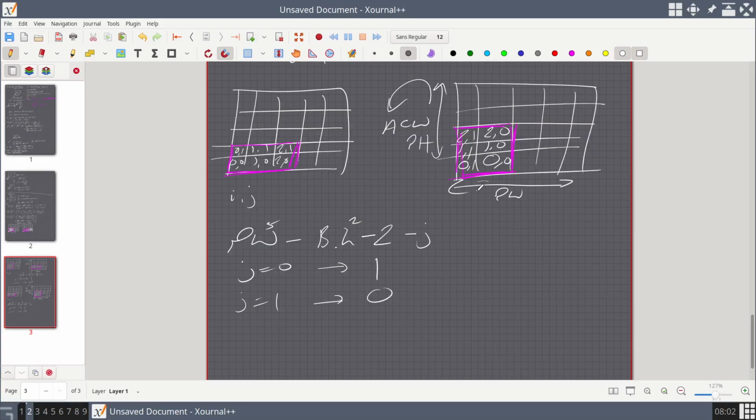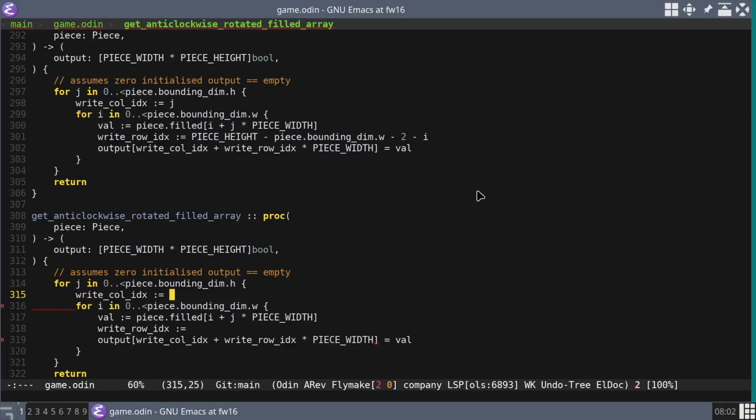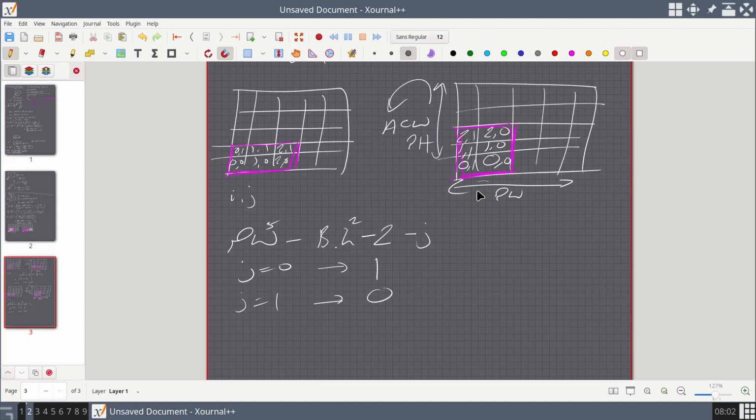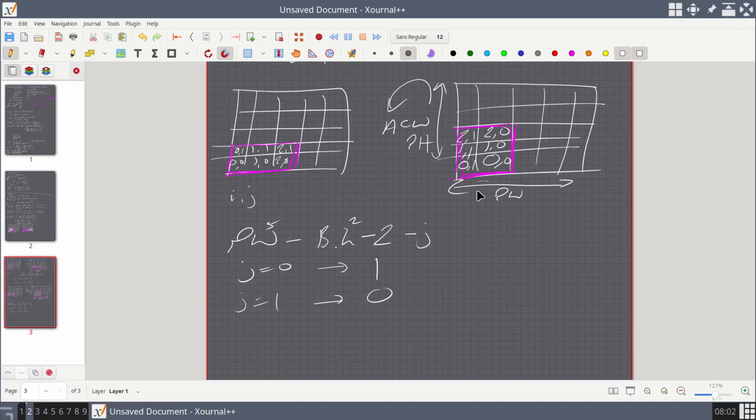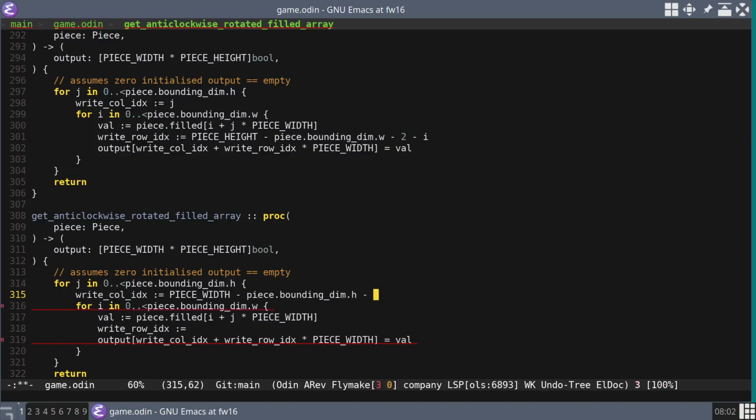I think that gives us our column index. The right col index will be piece, I forget if it's width or height that I said. Width. Is that right? I'm going to go with it. Minus the piece dot bounding dim. Was it the height of the thing that I cared about? Minus 2 minus j.